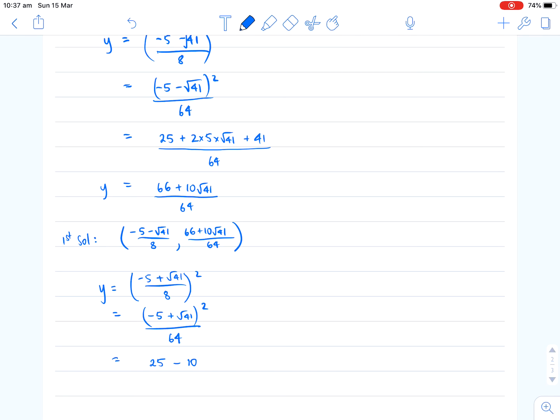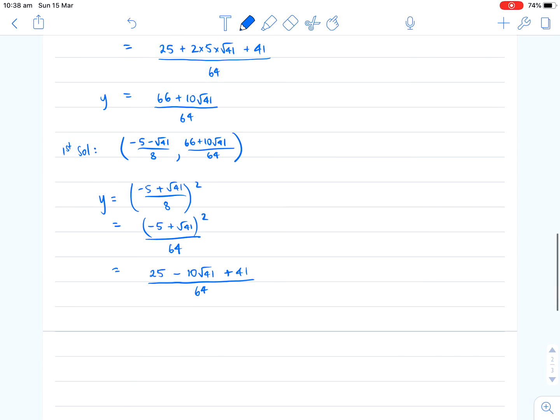I've got 25 - 10 root 41 + 41 on 64, which gives me (66 - 10 root 41)/64. And then finally I get my second solution: x is (-5 + root 41)/8, comma, (66 - 10 root 41)/64.